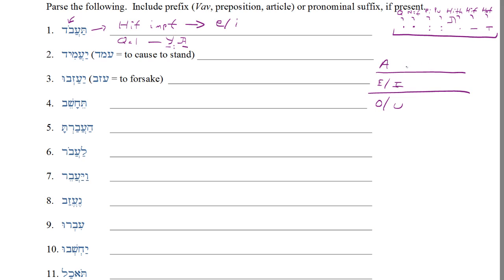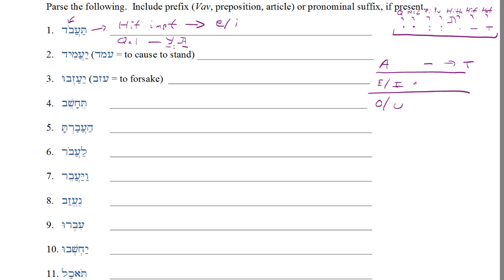And when a vowel lengthens or shortens, it almost always does it within its class. So when a patach lengthens, it lengthens to a kametz.